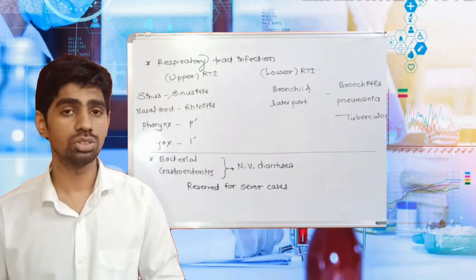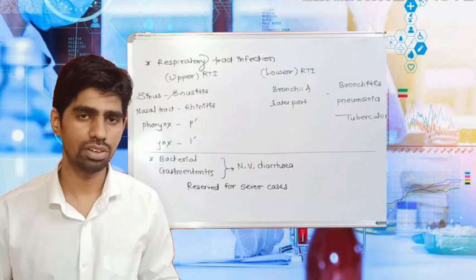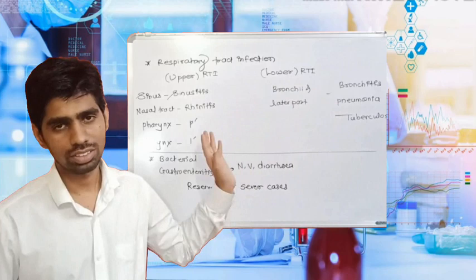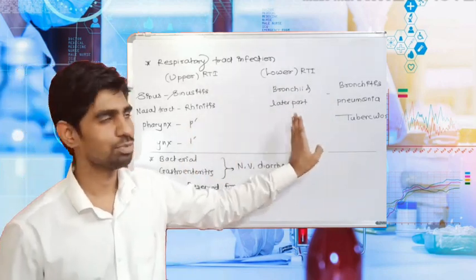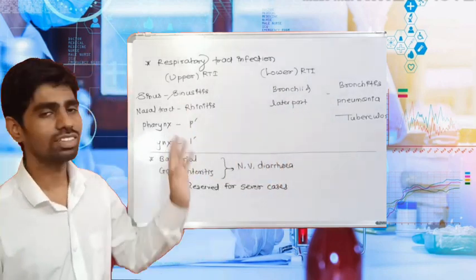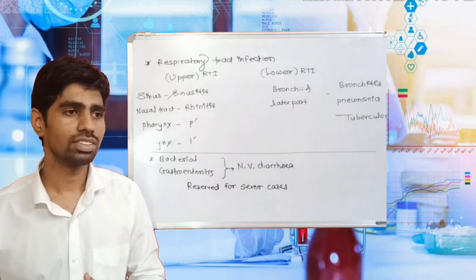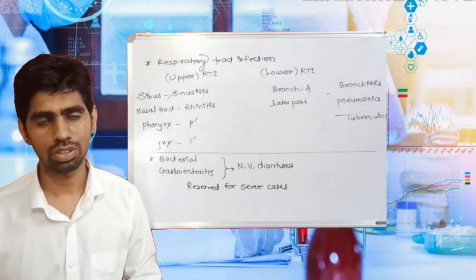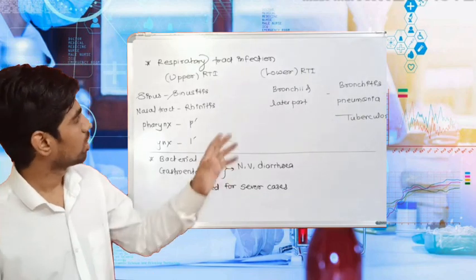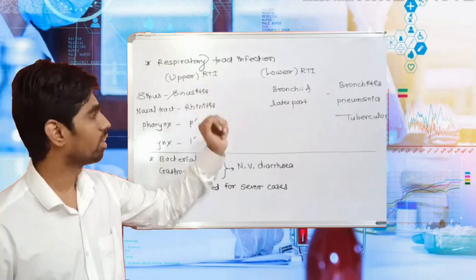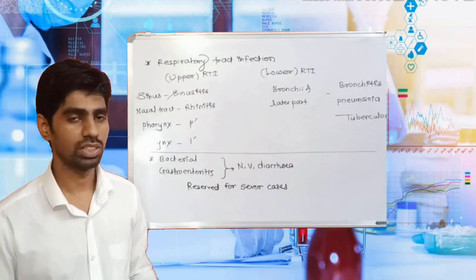Now the next use we have to study is respiratory tract infection. It is one of our routine diseases. Generally we face it in college time, especially when there is a winter season. Respiratory tract infection is divided into two parts: upper respiratory tract and lower respiratory tract.